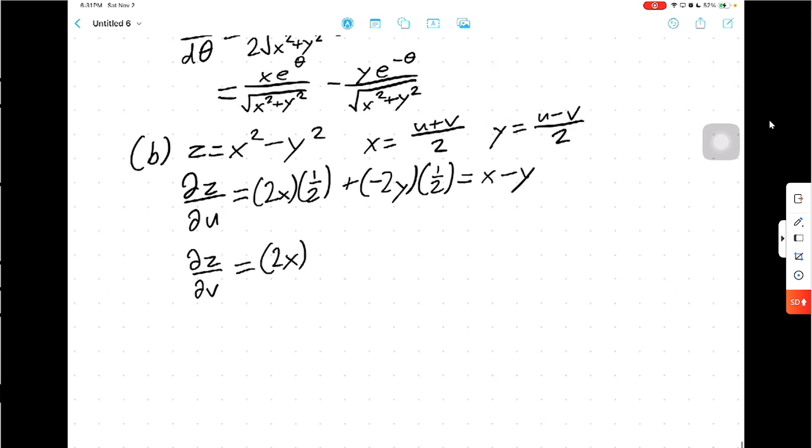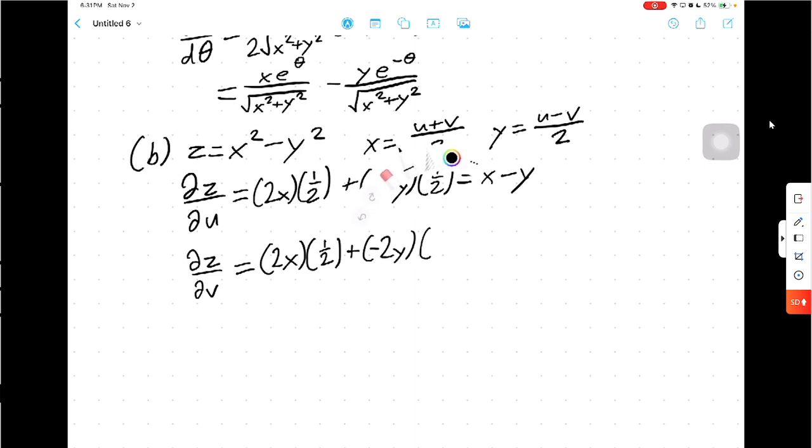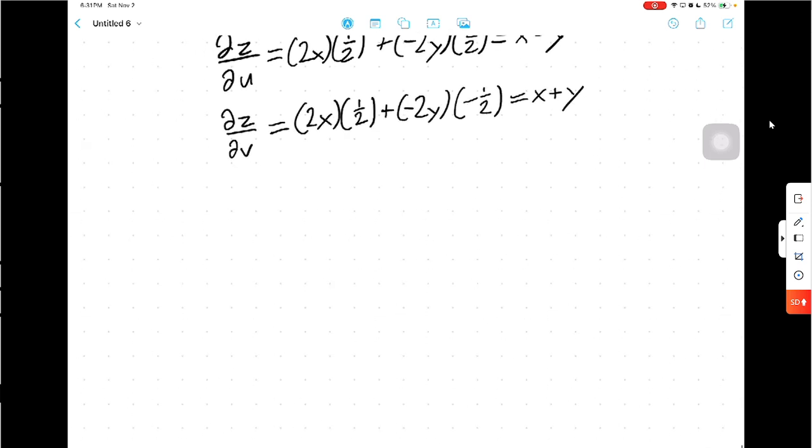Now, we have the same for partial of z with respect to v: partial z with respect to x times partial x with respect to v, plus partial z with respect to y times partial of y with respect to v. And this is going to be x plus y. Alright, let me just go ahead and do this. Good break.